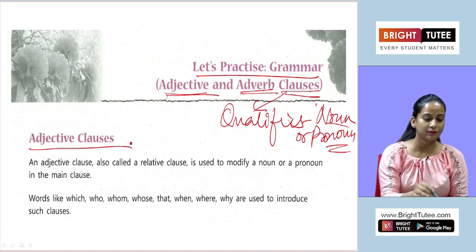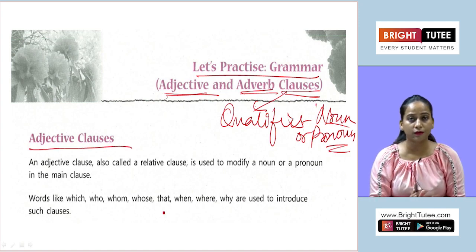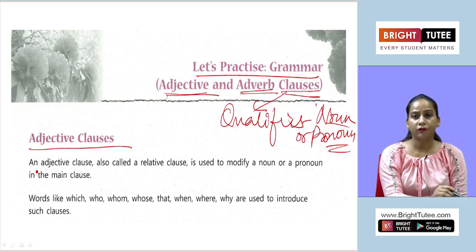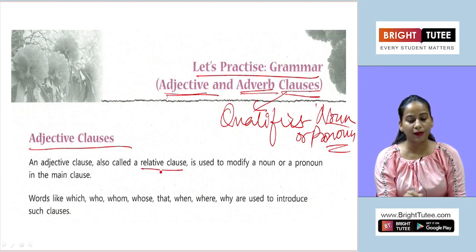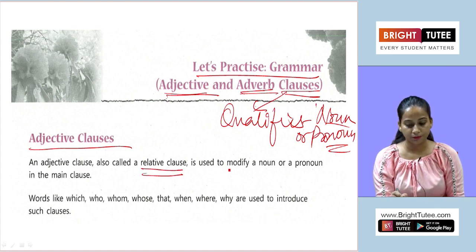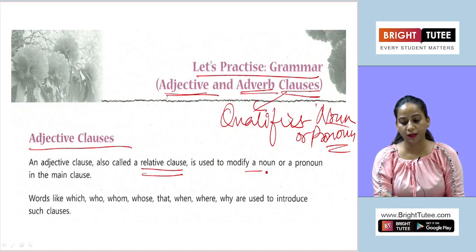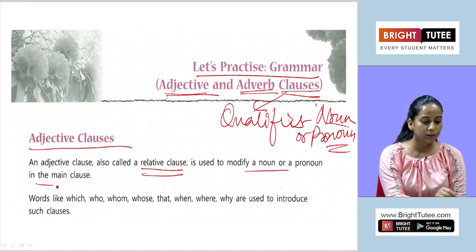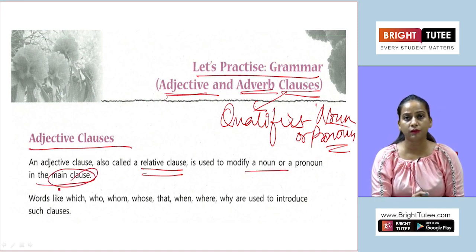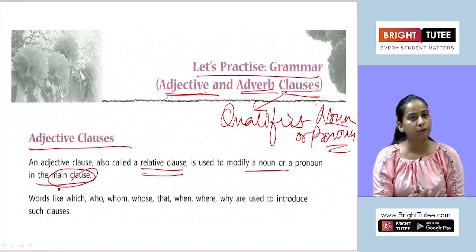Firstly, we are going to discuss the adjective clause. What is the meaning of adjective clause here? An adjective clause, also known as a relative clause, is used to modify a noun or pronoun in the main clause. So, where we are using this adjective clause, it is telling the quality of the noun or pronoun.